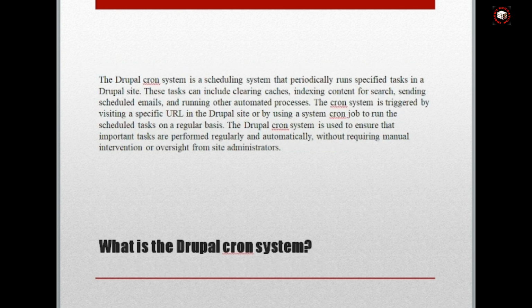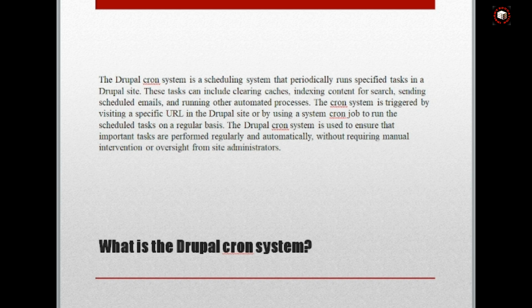Next, what is Drupal cron system? Drupal cron system is a scheduling system that periodically runs specified tasks in a Drupal site. These tasks can include clearing caches, indexing content for search, sending scheduled emails, and running other automated processes.